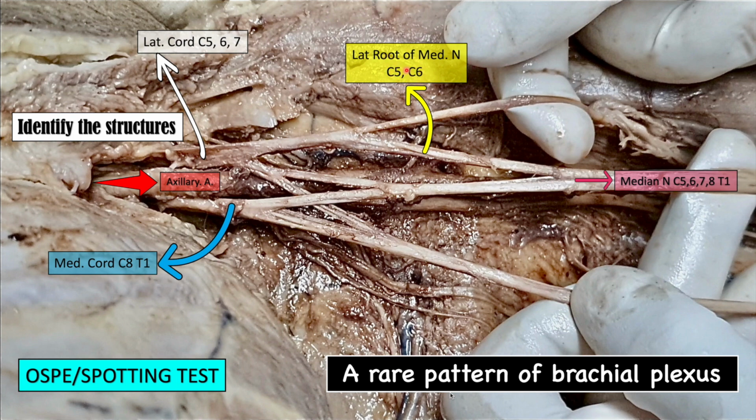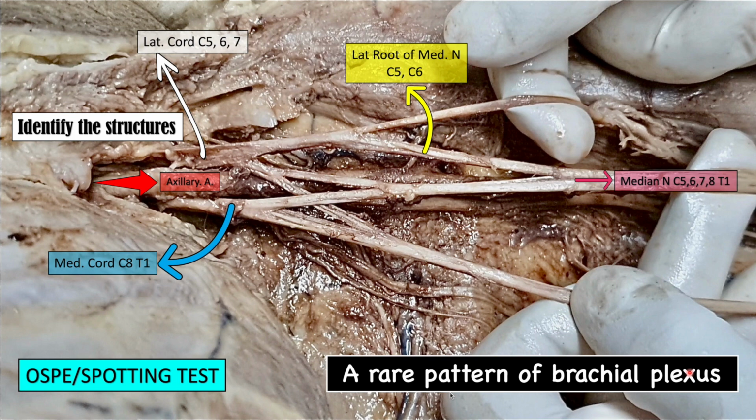By the way, you must be guessing that the root numbers for the lateral root of median nerve are C5, C6 and C7, but C7 is not there, and that's why it is a rare pattern of brachial plexus.